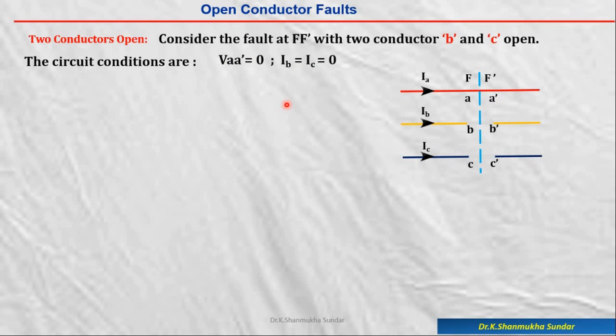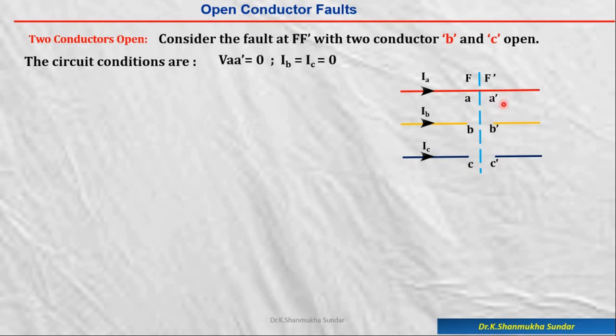Is it clear? Now here, only for the voltages we will have two ends. Why? Because in open conductors, please remember, IA, IB, IC are the line currents, and we have series voltages between open conductors: between B and B', C and C', and A and A' if it is open.